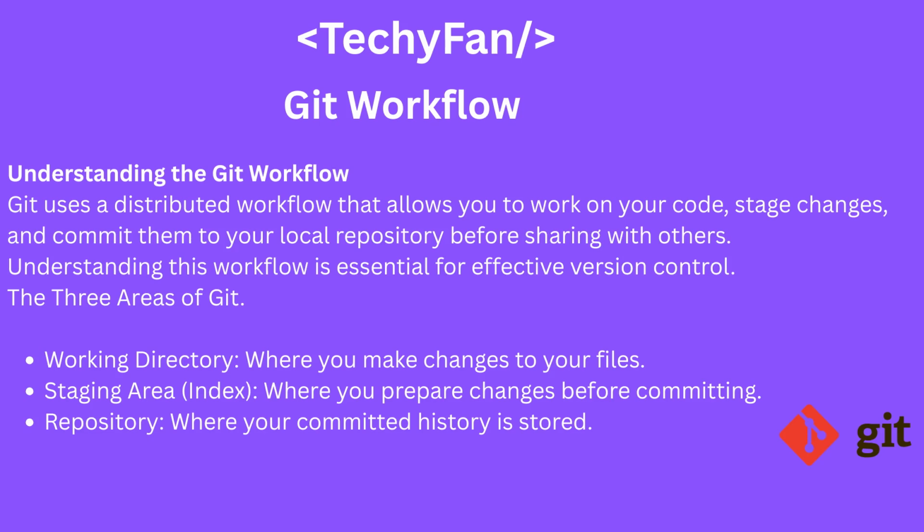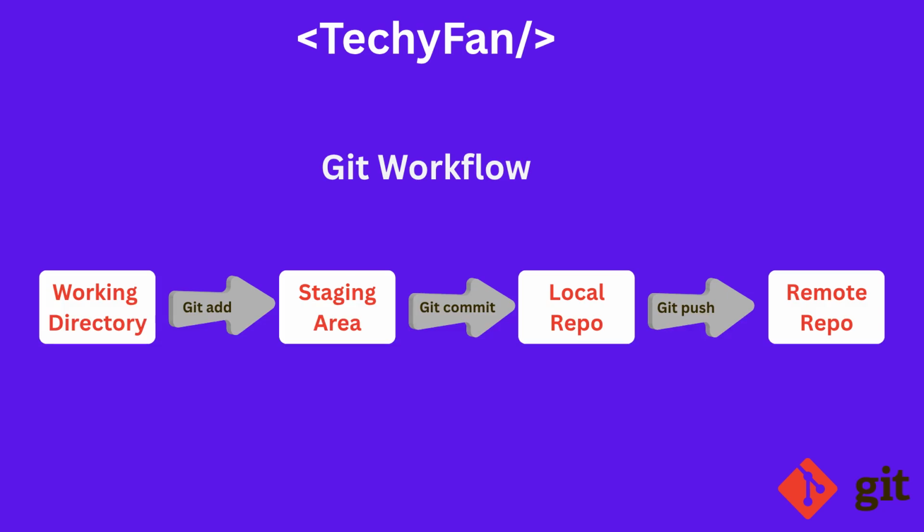First is the working directory, where you make changes to your files, where you work. Next is the staging area, or index, where you prepare changes before committing. Last is the repository, where your commit history is stored.